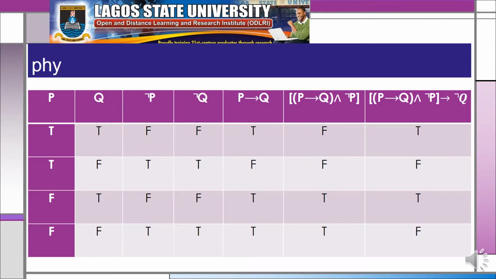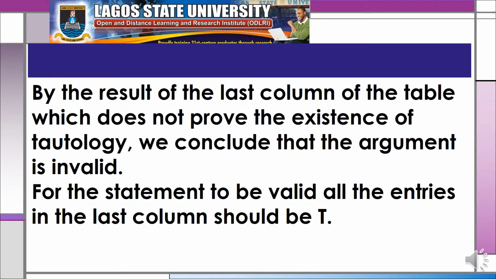And similar to the previous example, since the last column does not contain T throughout, this invalidates the statement. That is, by the result of the last column of the table, which does not prove the existence of tautology, we conclude that the argument is invalid. For the statement to be valid, all the entries in the last column should be T.